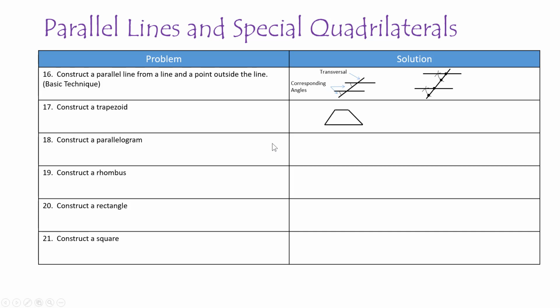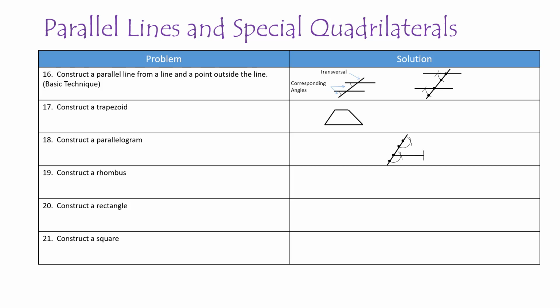To construct a parallelogram, you start with a line segment, and then you put a point where you would like the corner of that parallelogram, and you draw a transversal, just like we did up here, through that point and through the endpoint of that line segment, and then you copy the angle. And when you make that crosshatch, you draw the line.